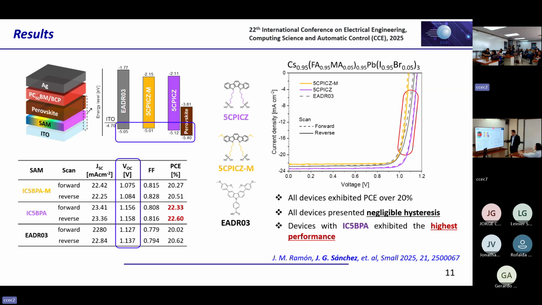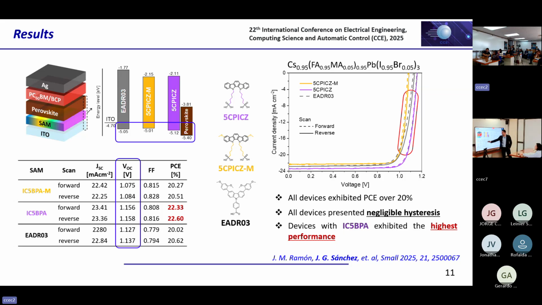And the devices have efficiency over 20%. That is good in perovskite solar cells. And from here, the samples using the SAMs without the methoxy group show the highest efficiency.